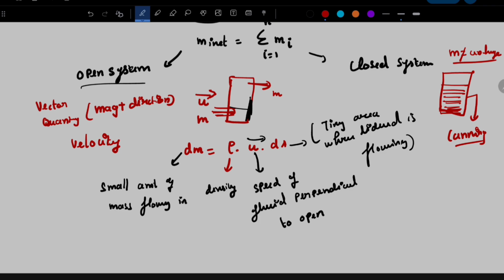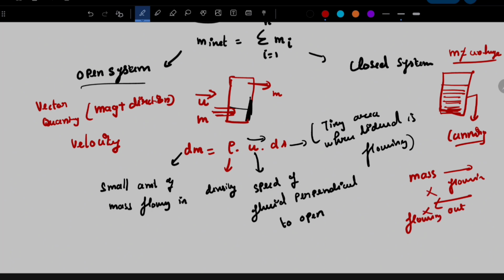After you put all the ingredients in the can, you are heating it, but since the can is sealed, the mass is not flowing in or out.